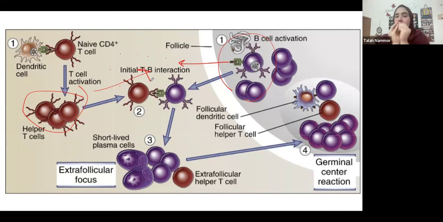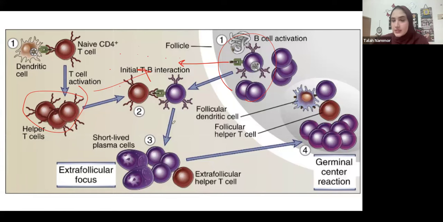Plasmablasts are the type of B cells that secrete antibodies. After this interaction, they already understood how the antigen looks and what its structure is. So the B cell only needs a little bit more help, a push from the T cells, to start forming antibodies against this antigen. Okay, and that's what happens.